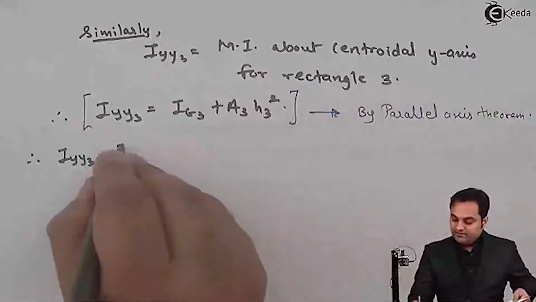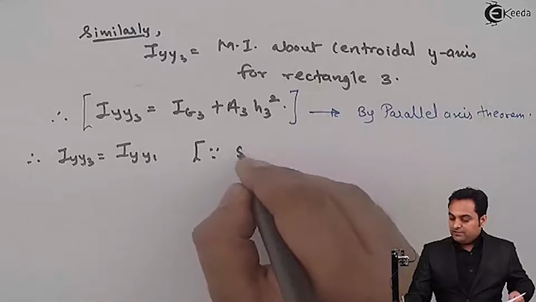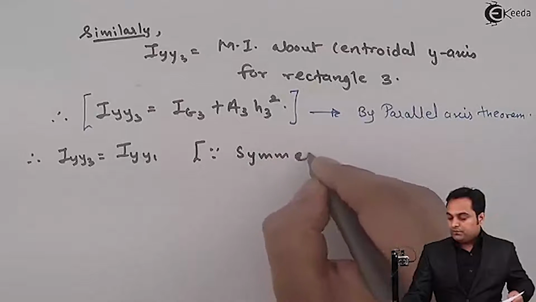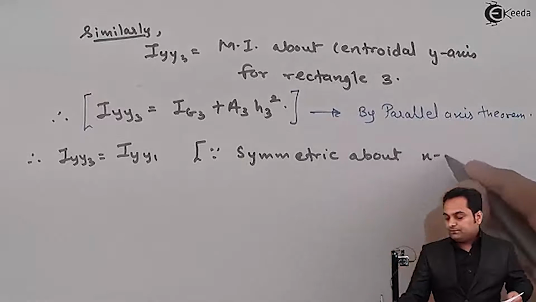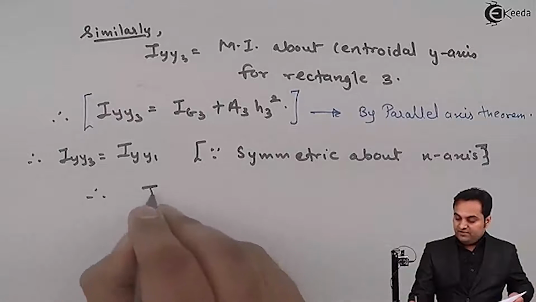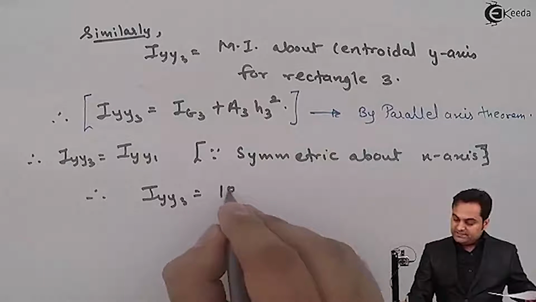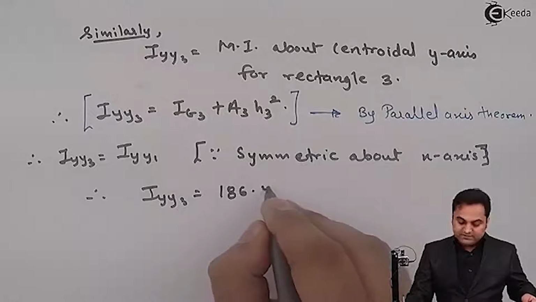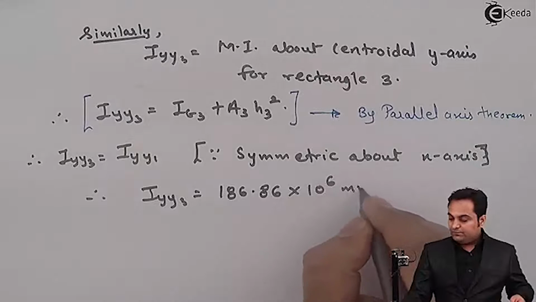So I can say that Iyy3 is equal to Iyy1, since symmetric about the x-axis. Therefore Iyy3 will be equal to Iyy1, which was 186.86 into 10 raised to 6 mm raised to 4.